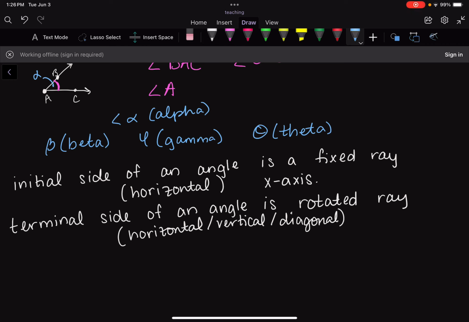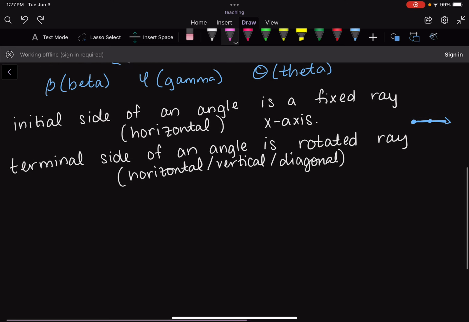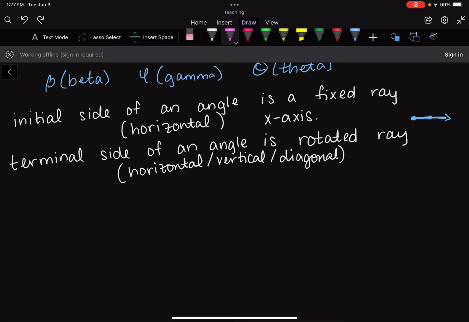So if you're looking at an angle, the first ray that's at the bottom, that's your initial side. And then your terminal side is just wherever you draw it, for how big the angle is really. So we could draw it here, we could draw it here, maybe it's down here, maybe it lies on top, like this. So that's all about our terminal side.